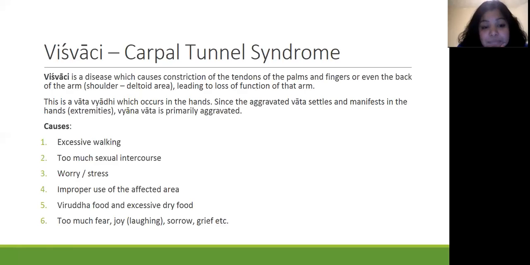If shukra dhatu is reduced, or if there is too much excessive loss of shukra dhatu, then that can be a very easy way for Vyana vata to get aggravated. Worry and stress, and we have discussed how worry or stress can increase Vyana vata. Stress is something that is ideally manifesting in the mind. It is an excessive, erratic movement of the mind.